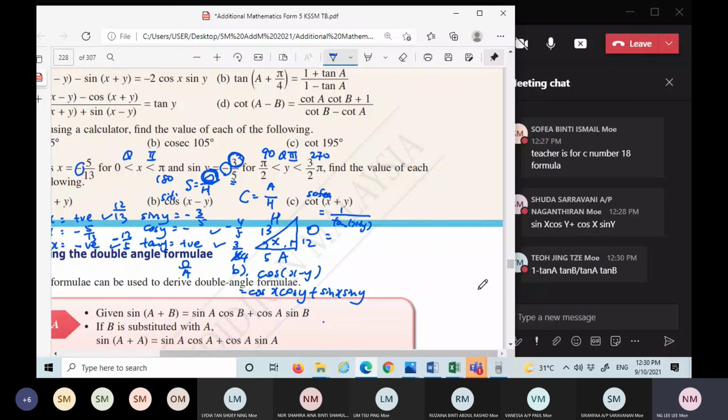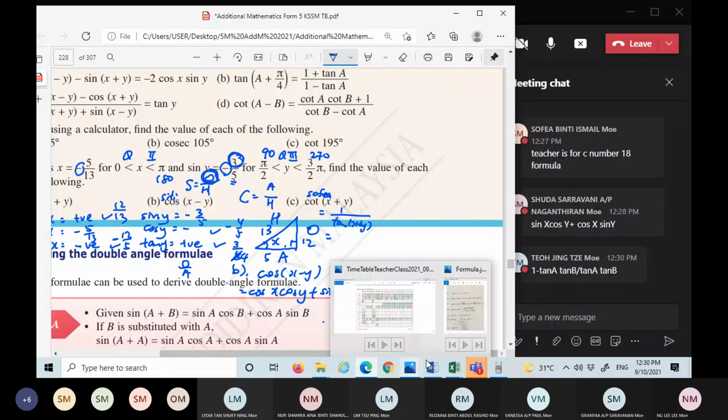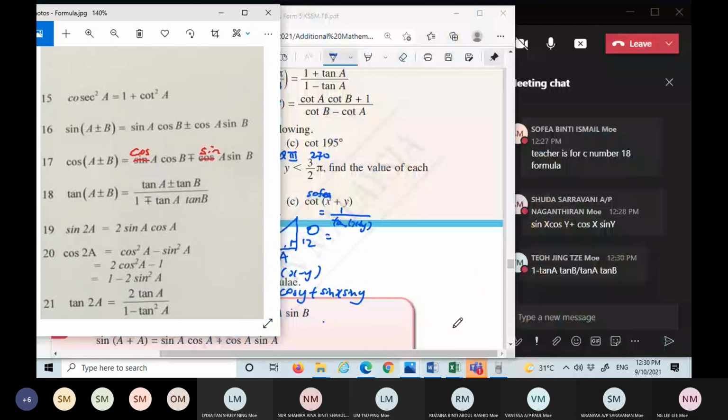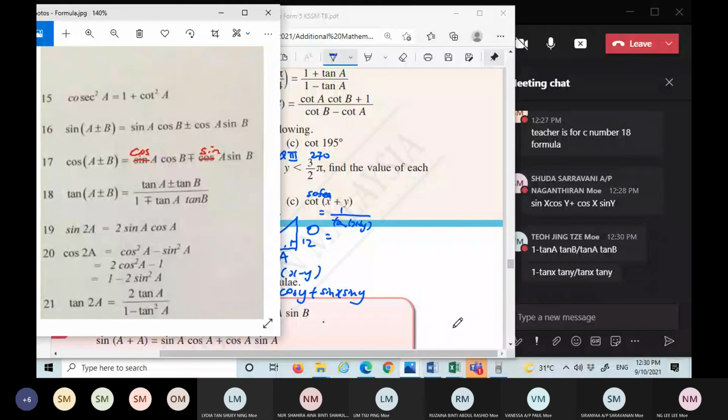Xingzi, don't write A and B. This is X and Y. Come on. You miss out something? You miss out a sign.